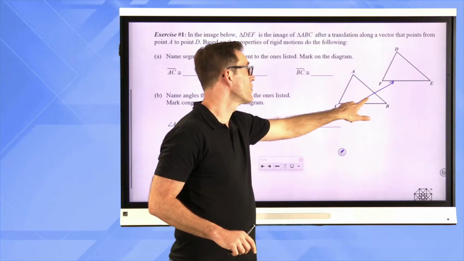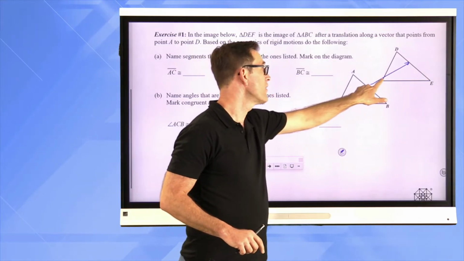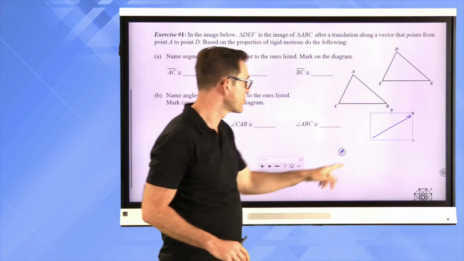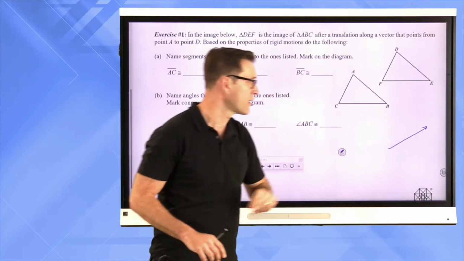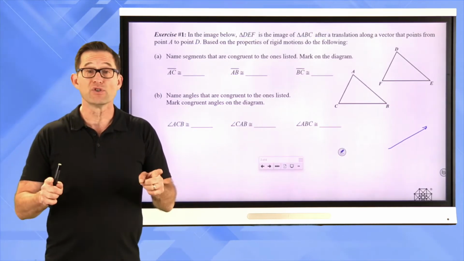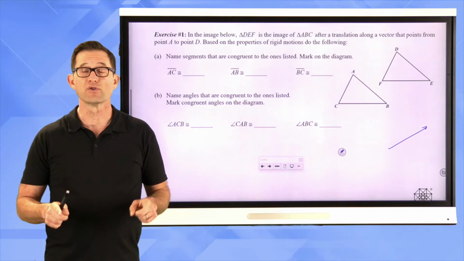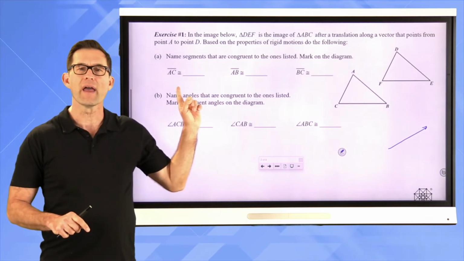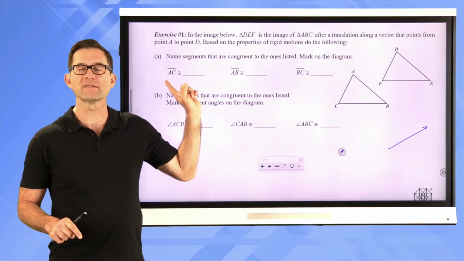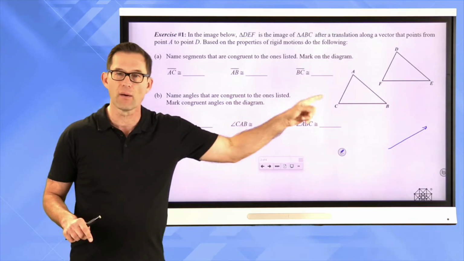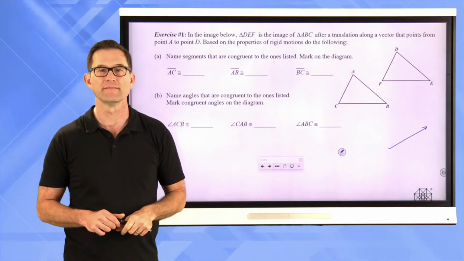Maybe I'll just have this vector hang out down there, okay? So based on that, and on the fact that translations are rigid motions and preserve lengths and angles, in letter A, tell me what segment must be congruent to AC, what segment must be congruent to AB, and what segment must be congruent to BC.